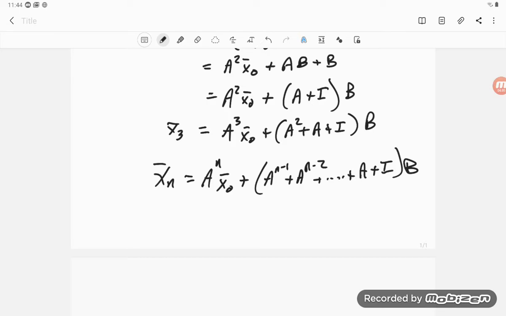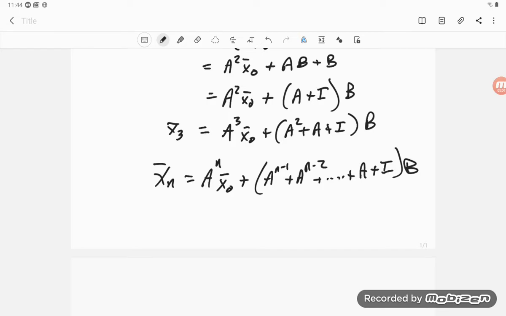Now, for this matrix problem, they say it is easy to verify what A to the n is.